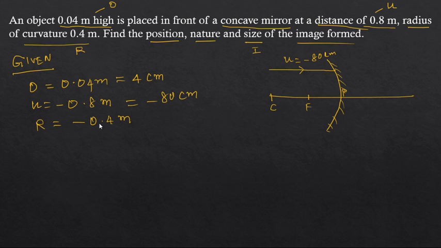R is here, center is here, so this distance is radius of curvature. So this lies on the left side, so R is equal to minus 40 centimeter, because it is on the left side of the mirror.